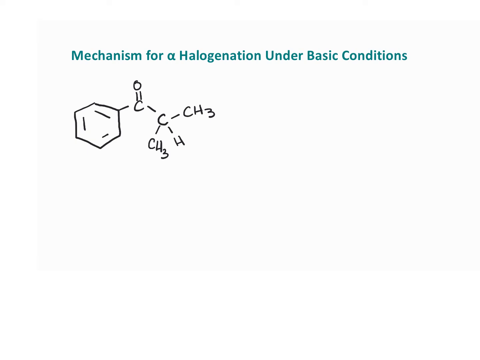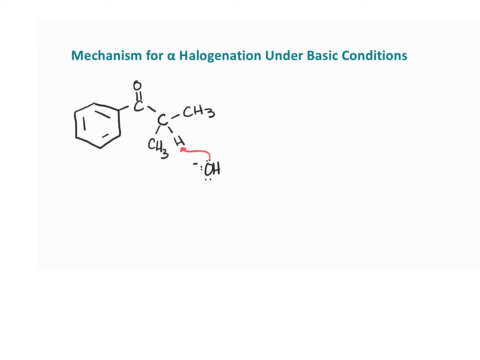In the very first step, the base deprotonates the alpha carbon. If you look back, you'll notice that we have Br2 reacting in the presence of a base. So the base is going to come along, and it was sodium hydroxide, but we know sodium's a spectator ion, and it is going to remove the proton there.